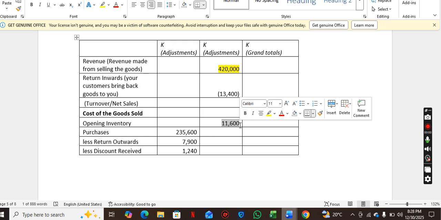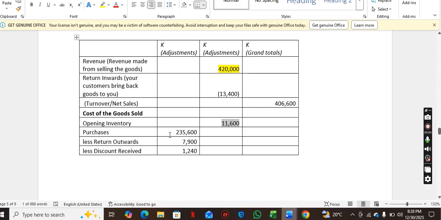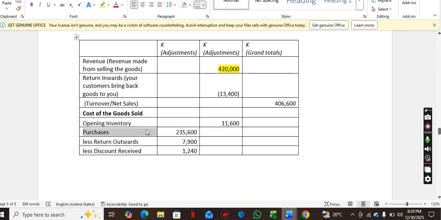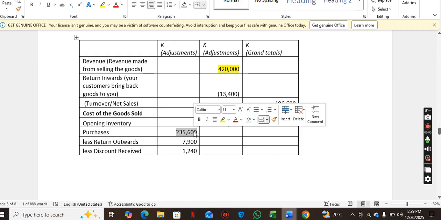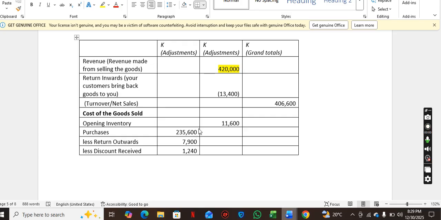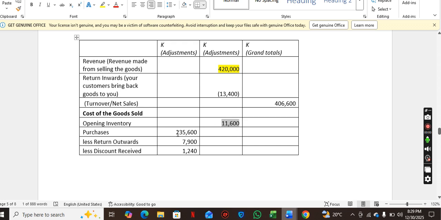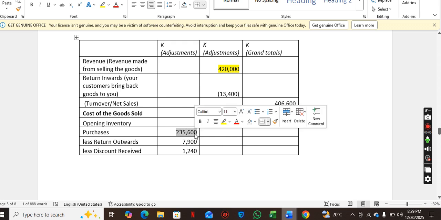Next, during the year, we want to find out what goods Mukuba Supplies brought into their company. That's where we now bring in purchases. That year Mukuba Supplies bought goods worth 235,600. They started with goods worth 11,600, then they purchased goods worth 235,600.